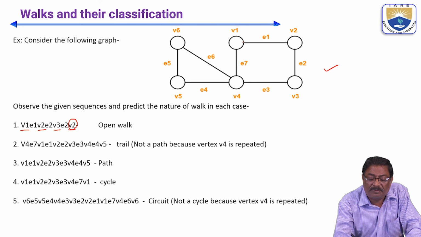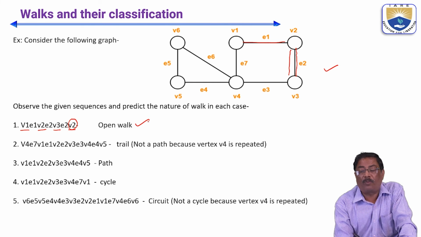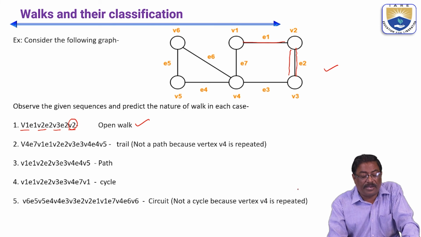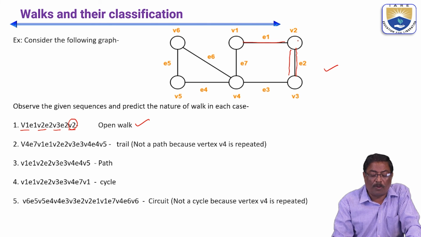This is V1 and next this is V3, and once again it is going back. So it is nothing but an open walk. Edge E2 is repeated twice. The beginning vertex need not be the ending vertex, so it is an open walk.